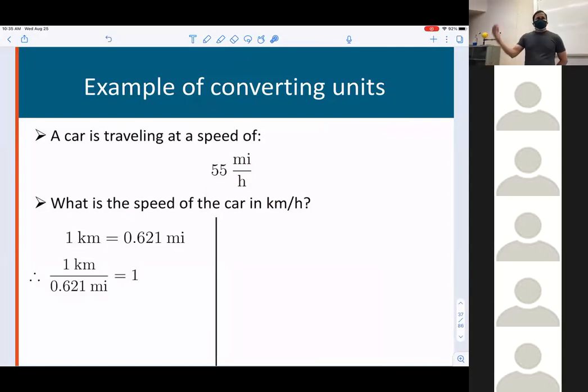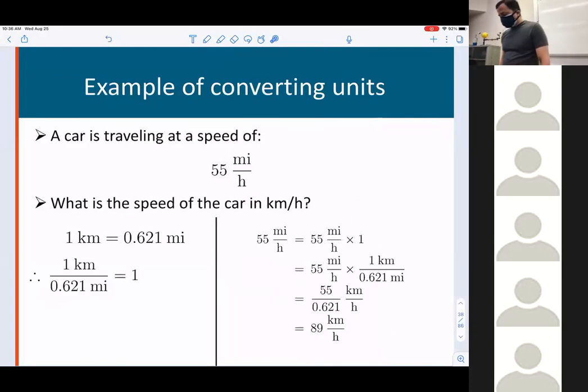And then we look up on the internet that 1 kilometer is about 0.621 miles. So therefore a mile is bigger than a kilometer. And therefore 1 kilometer divided by 0.621 miles is 1, right? They're the same thing. So the trick I will use to convert units is that I will take my 55 miles per hour and I will multiply it by 1. That doesn't change anything. I can always multiply by 1.